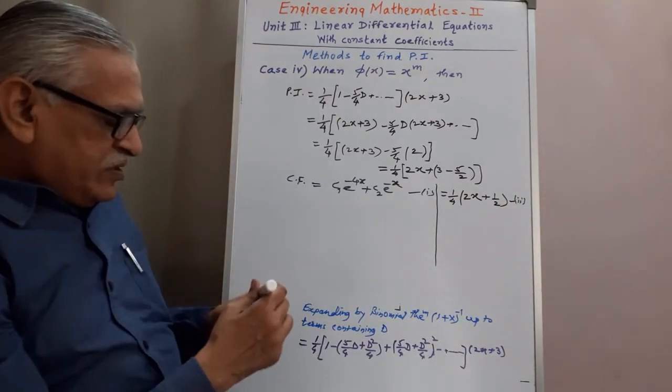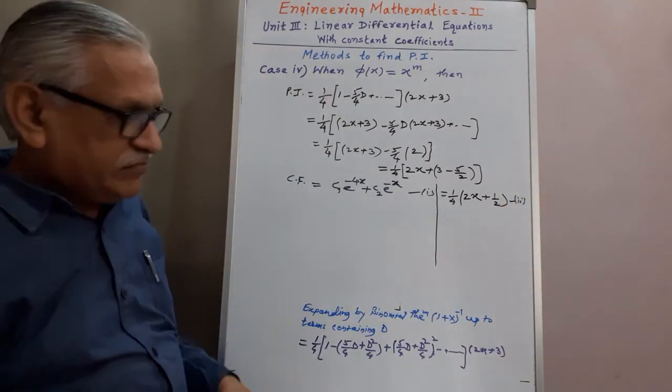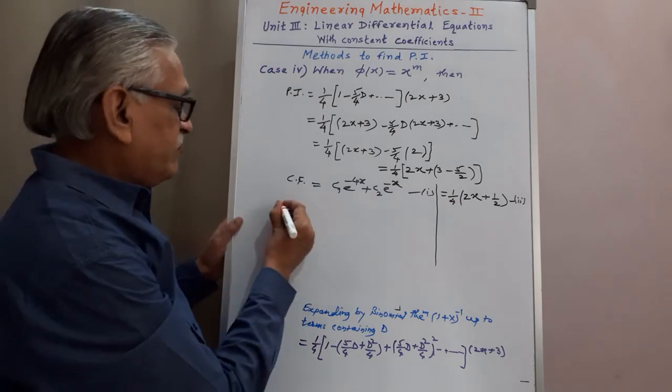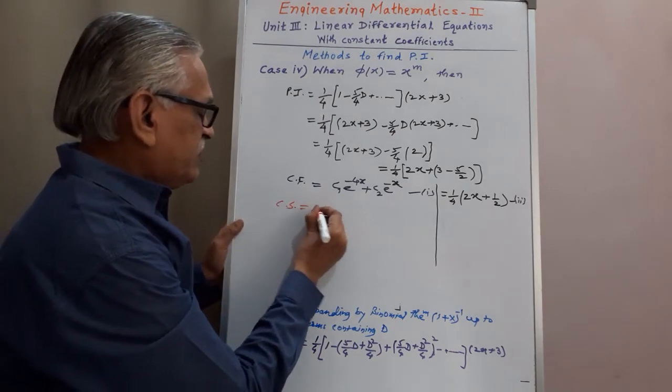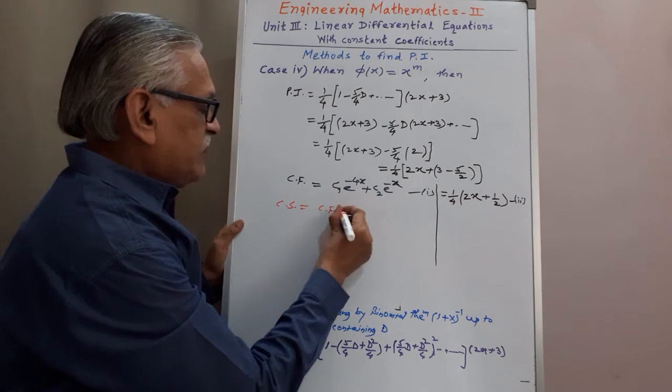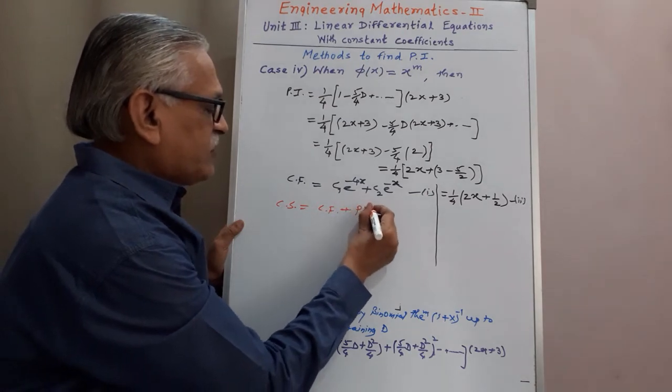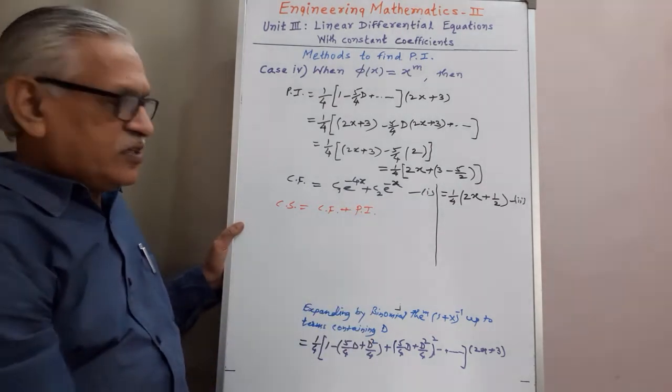And therefore, the complete solution is CF plus Pi, equation 1 plus equation 2.